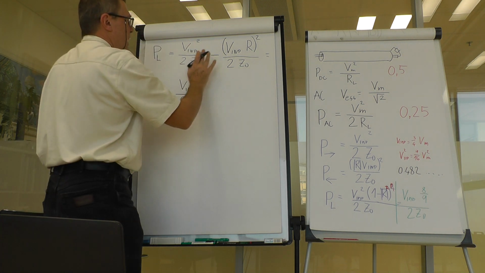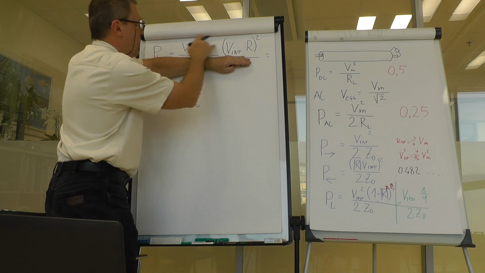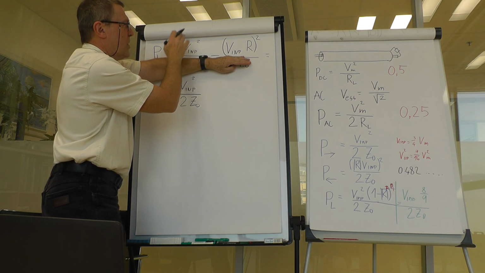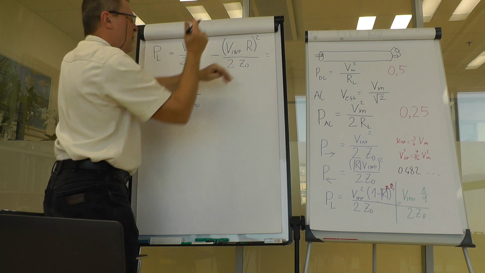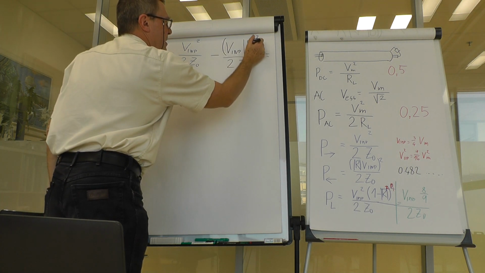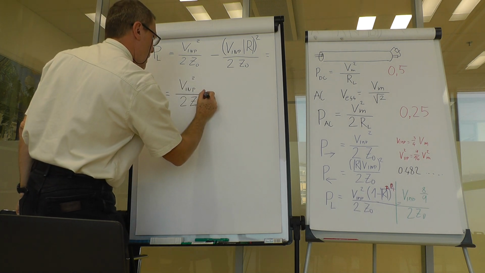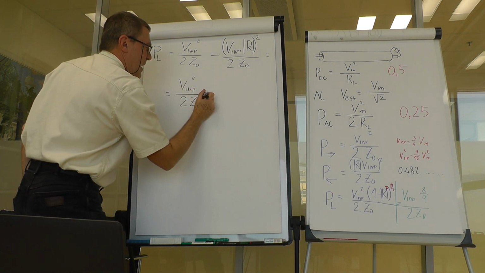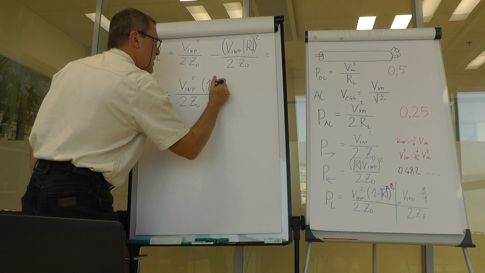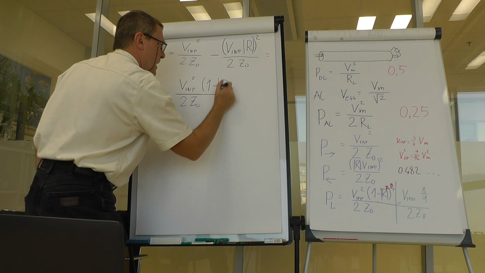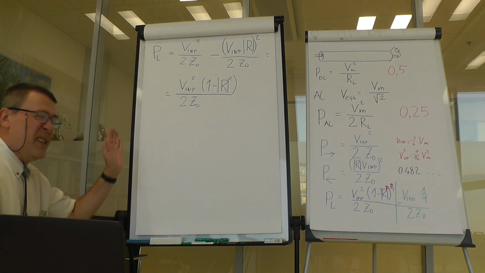And now we have got the input voltage out before the bracket, so what is left there is 1 minus R squared. I'd better put it in this manner. So it is amended by a factor 1 minus the magnitude of R squared. So now this is the power that remains in the load.